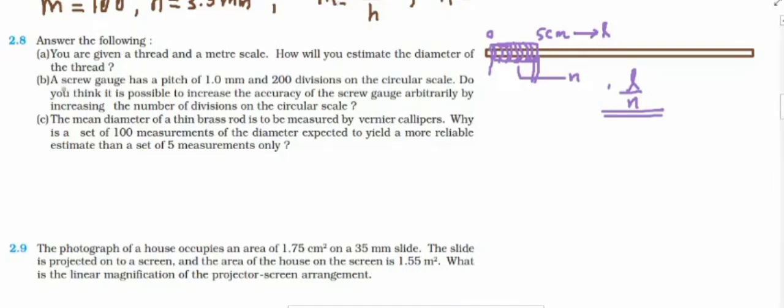Now, part B, a screw gauge of pitch 1 millimeter and 200 divisions on the circular scale. Do you think it is possible to increase the accuracy of the screw gauge arbitrarily by increasing the number of divisions on the circular scale? Here we have 1 millimeter pitch and 200 divisions, which means 1 millimeter is divided into 200.